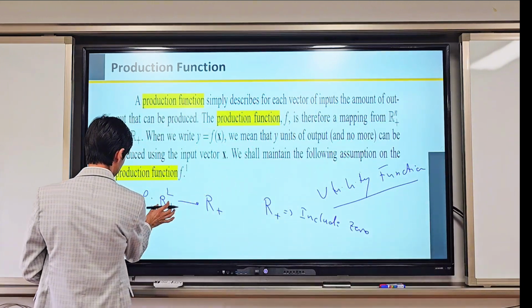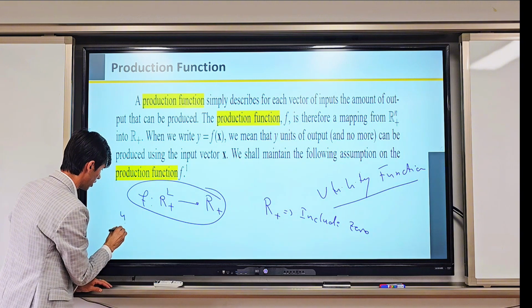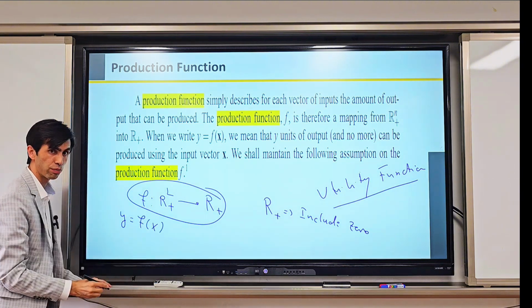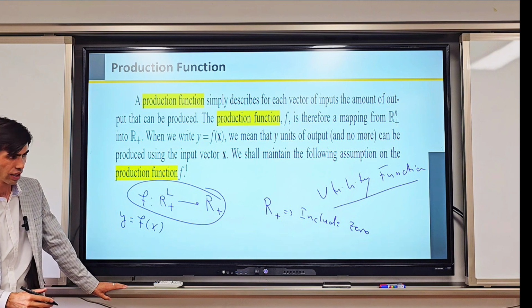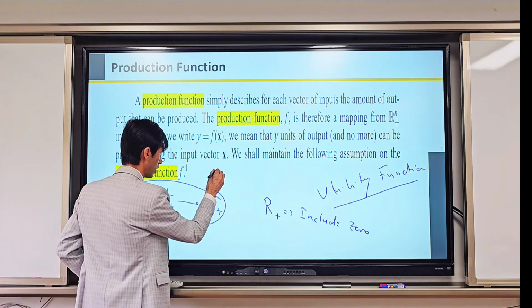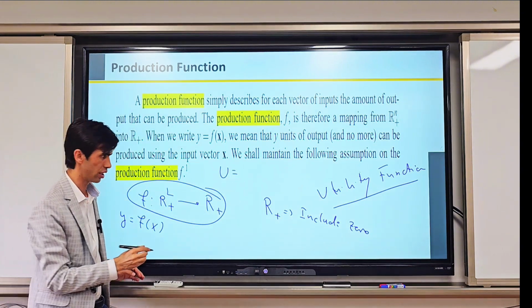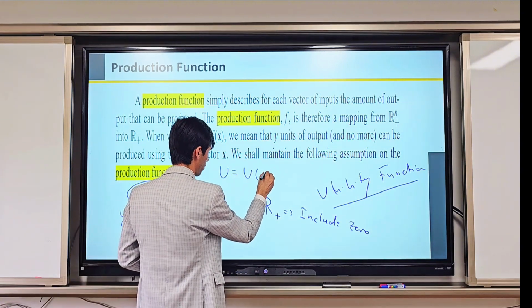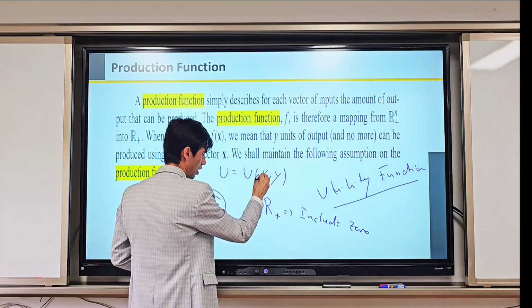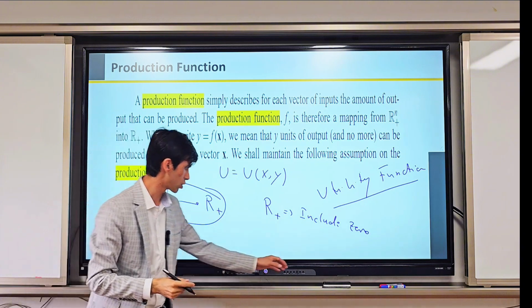And we are mapping from R_+^L to R. This function, which we call f of x, shows our production function. If you remember, for the case of utility maximization, we used the notation u for the utility, and this u was a function of, for example, x and y.